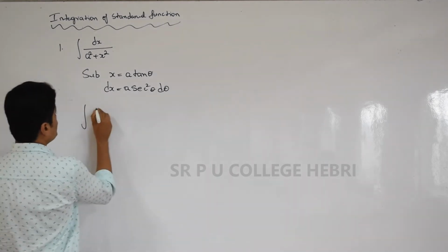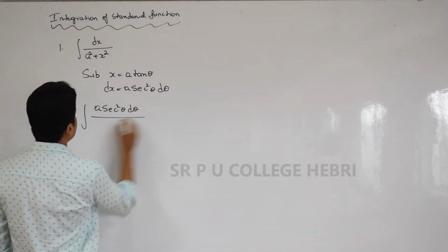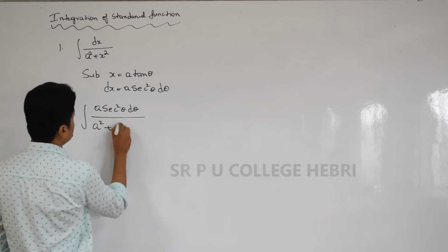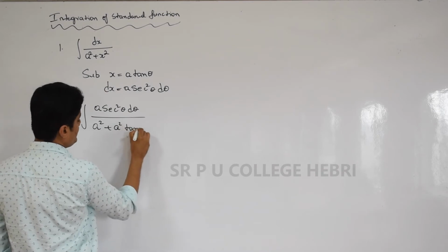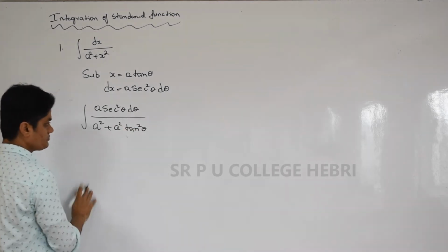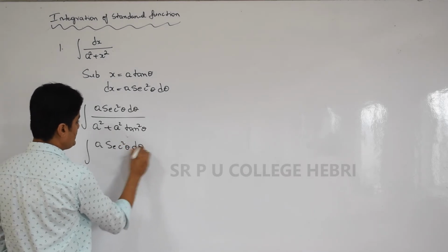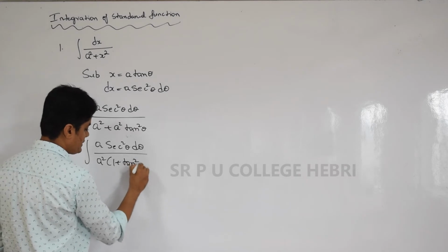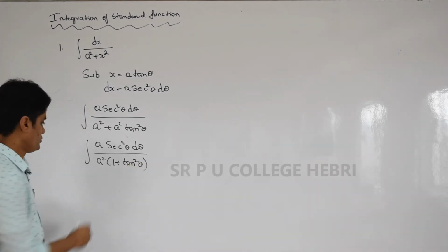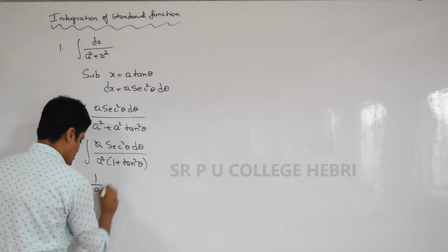Now substitute this in the expression: a into secant square theta d theta divided by a square plus a square tan square theta, since x is a tan theta. Take a square outside, and we get 1 plus tan square theta. So one a cancels, and 1 by a is a constant outside.